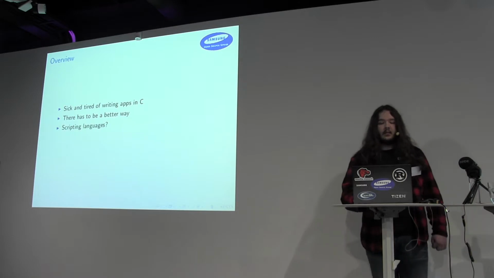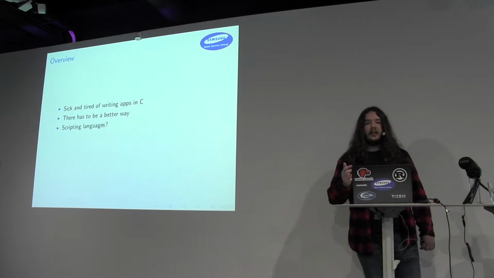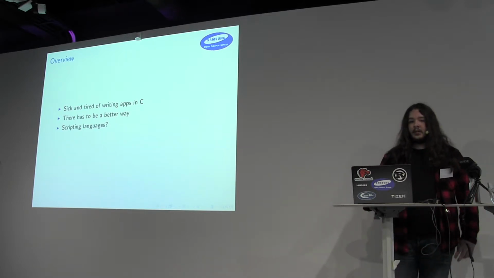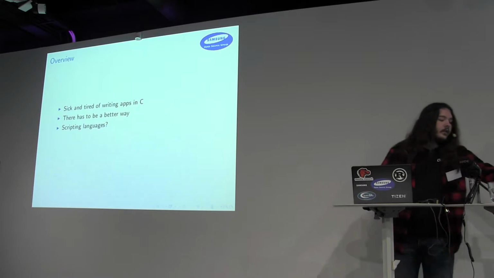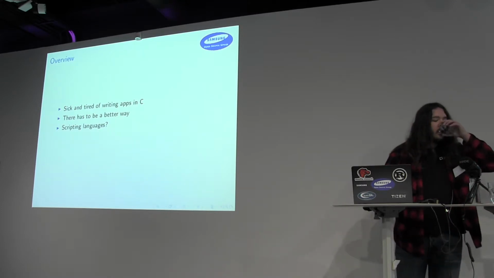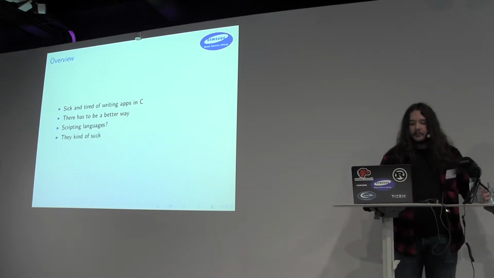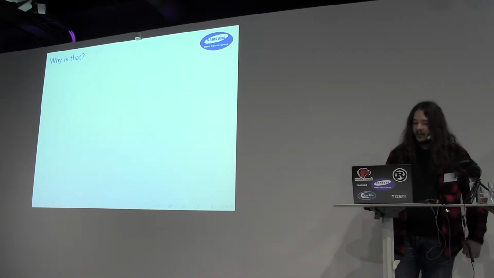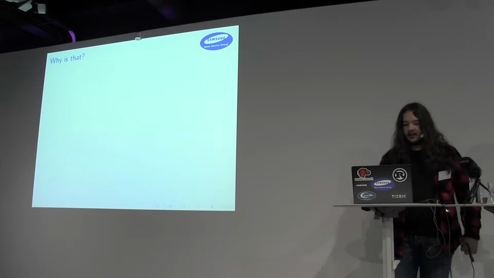So there has to be some better way, and obviously the idea was scripting languages. We had to pick a scripting language. They all kind of suck in some way or another. So, which one are we gonna pick?